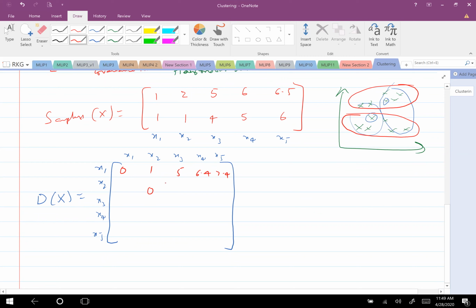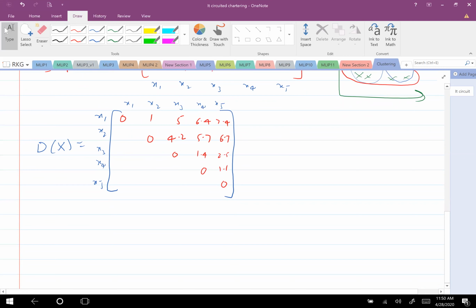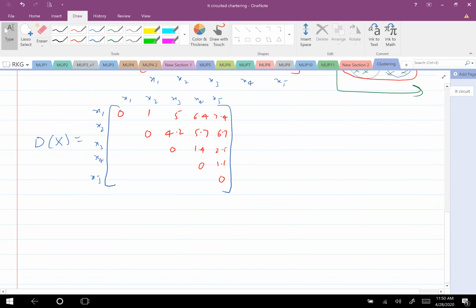I will not write below because it is symmetric, right? So I will write only here. Now this is the distance matrix. Based on this, to make a gradual clustering, assume that I start initially with 5 samples.